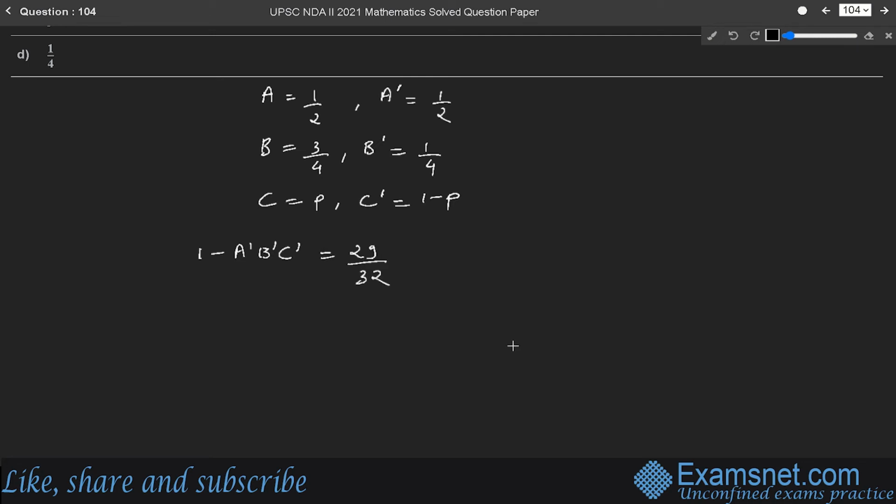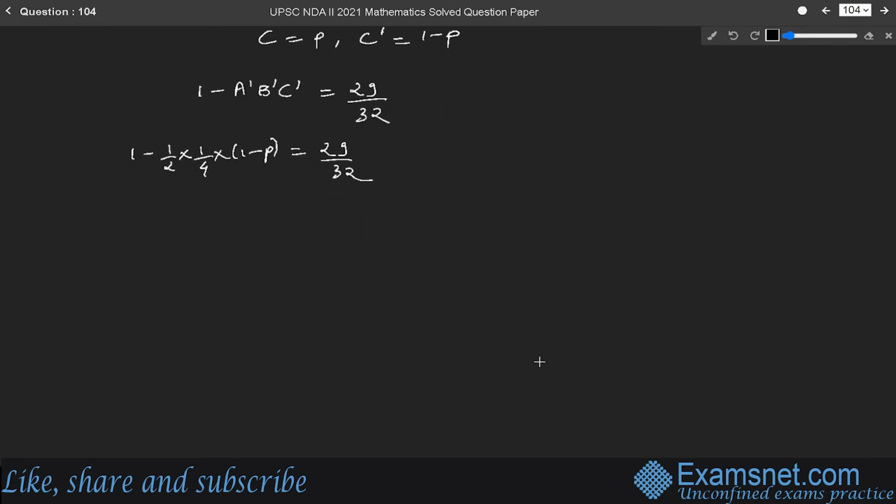The probability can also be written as 1 minus the complement of A, B and C. So putting the values here, we will get 1 minus 1 by 2 into 1 by 4 into 1 minus P is equal to 29 by 32. On further solving, it will be 3 by 32 is equal to 1 minus P upon 8. This will be cancelled.